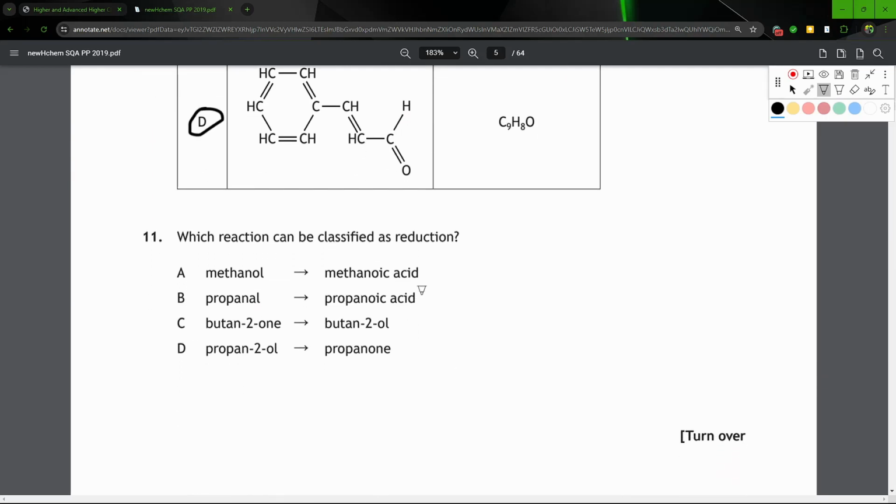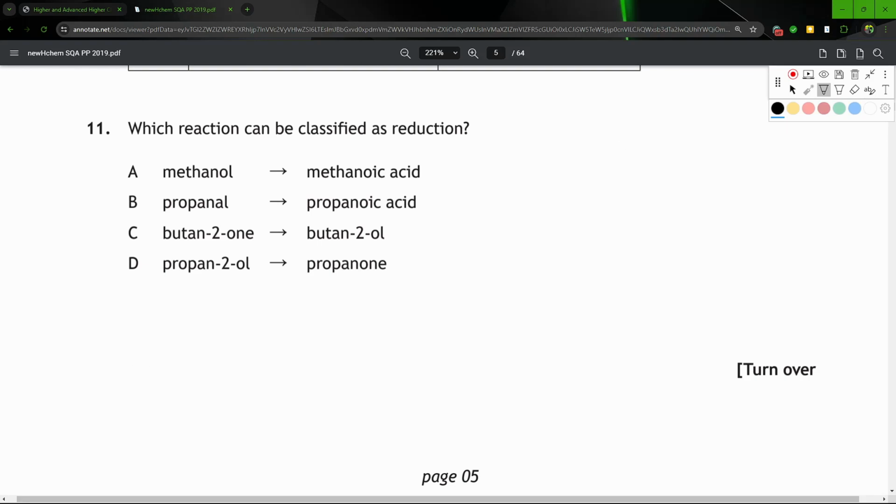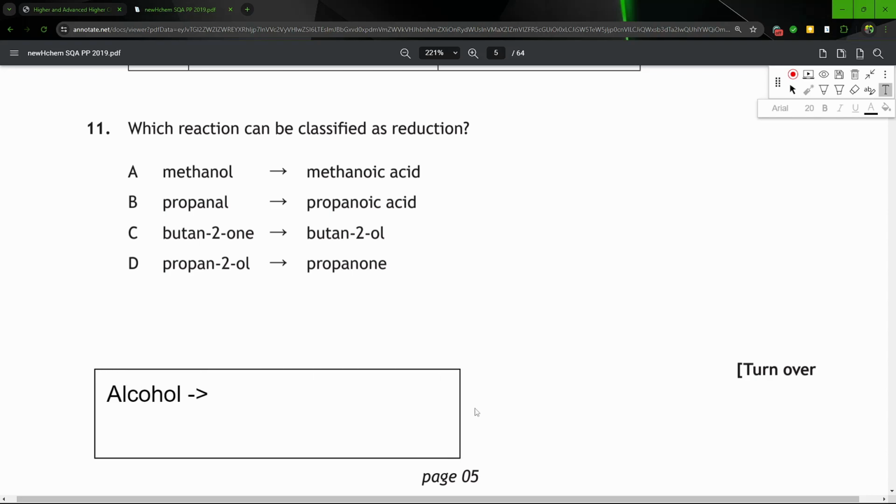Move on to 11. Which reaction can be classified as reduction? So remember, we should probably write this out. In the oxidation series, you go alcohol. If you oxidize the alcohol, you would get an aldehyde or ketone.